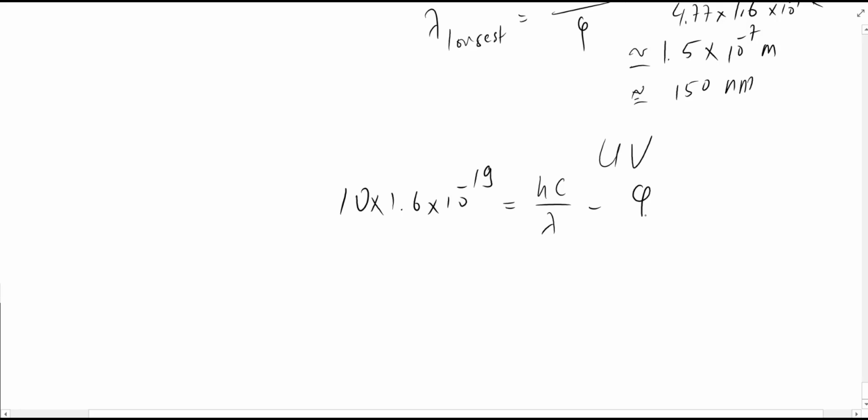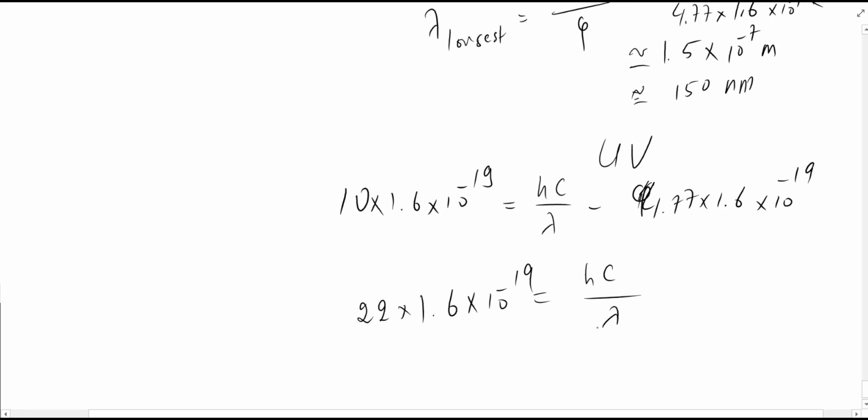Phi is 4.77 times 1.6 times 10 to the negative 19. So you move this number to the other side, it's going to be positive. 4.77 times 1.6 is roughly about 12. 12 plus 10, that's about 22. 22 times 1.6 times 10 to the negative 19 is equal to hc over lambda.